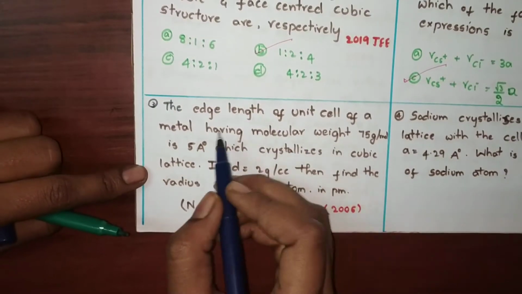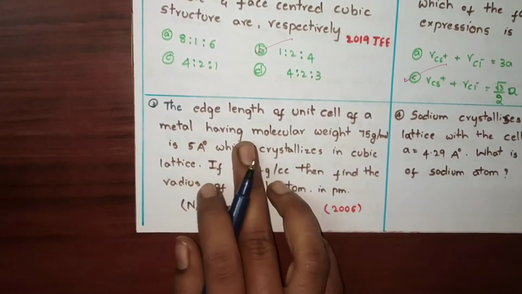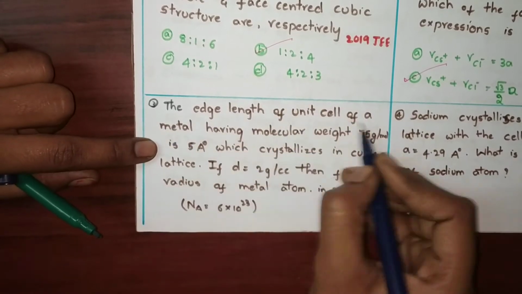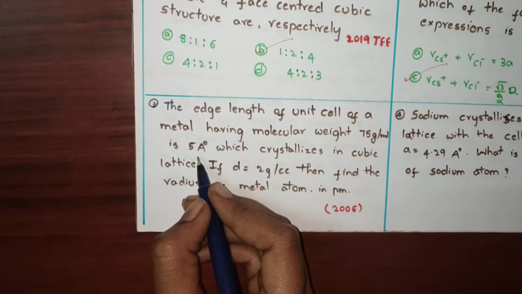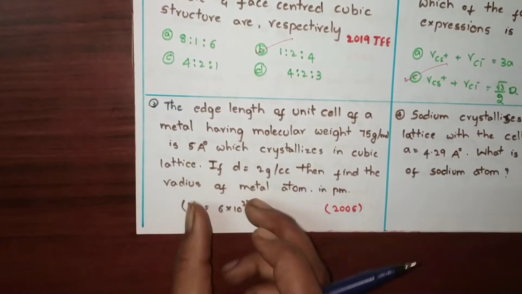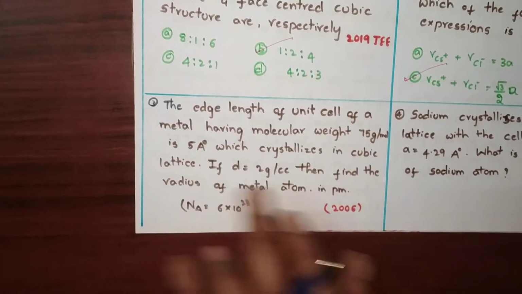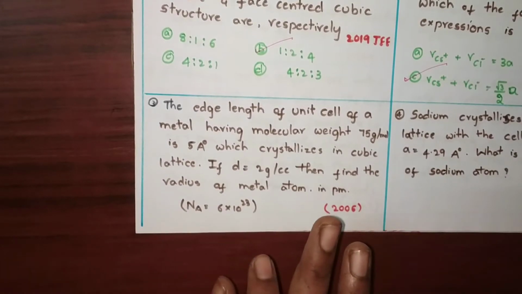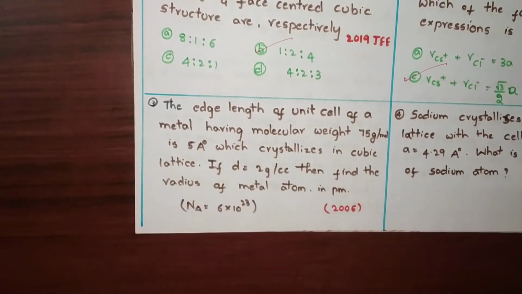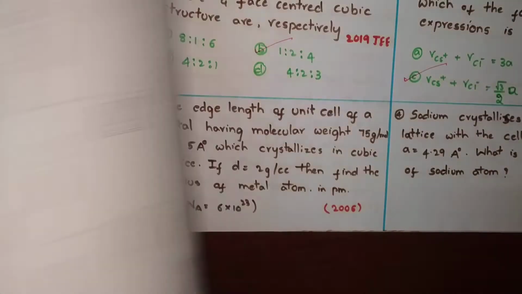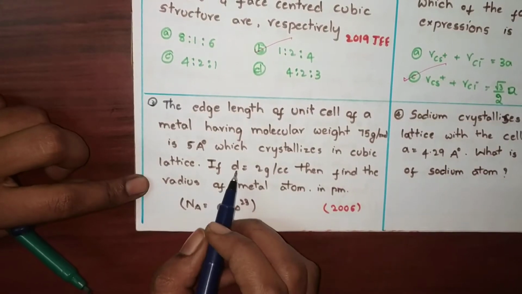Third question. The edge length of a unit cell of a metal, having molecular weight M, is given, and it crystallizes in a cubic lattice. Here there is no information about the cubic lattice. Density is given. Find the radius.